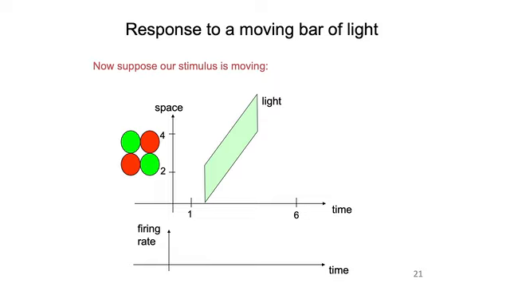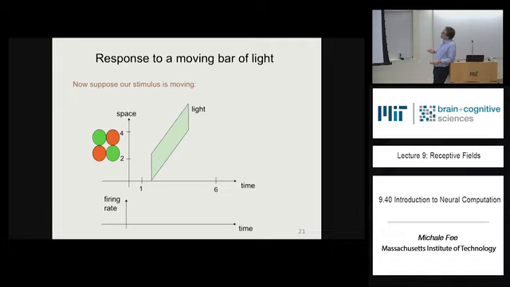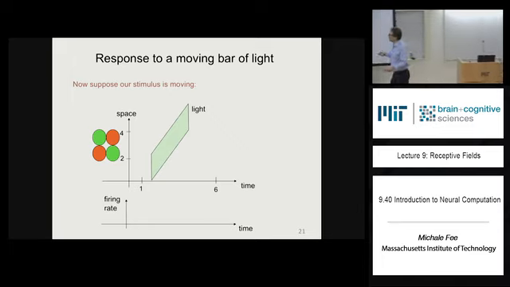Okay, so here we go. Anybody want to take a guess at what this stimulus will do to this neuron? Can you visualize sliding it across? And then what? Yeah. You can see that this, so let's describe what this light is.